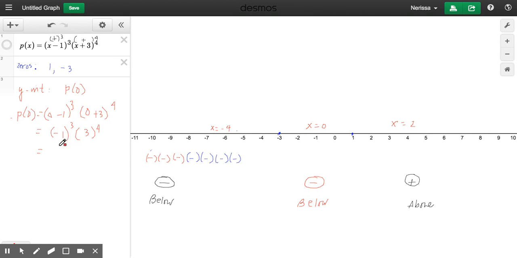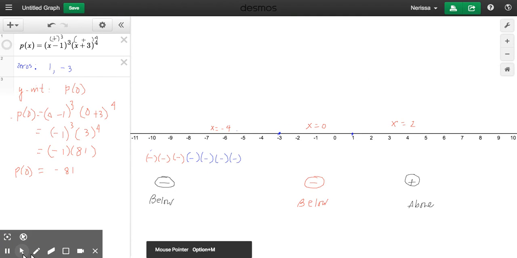Negative 1 times negative 1 times negative 1 is negative 1, times 3 to the fourth, 3 times 3 times 3 times 3. That's going to be 9 times 9, which gives us 81. So we'll have negative 81.